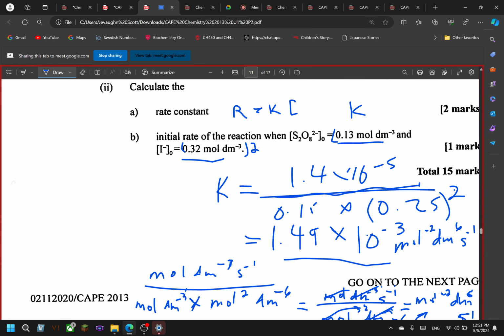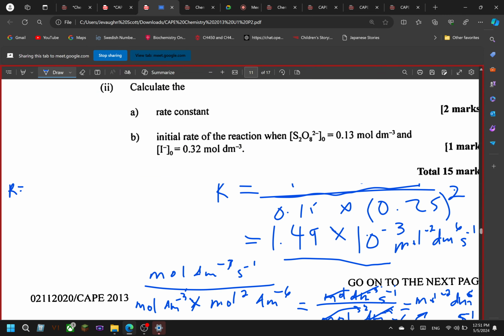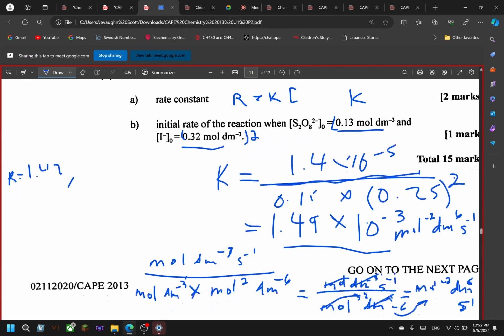So the rate here, which would technically be r naught, would be equal to 1.49 times 10 to the negative third power, which is k, and we times that by 0.13, and then times that by 0.32, and we square that, and we get the rate there. I don't think we need to go through that.